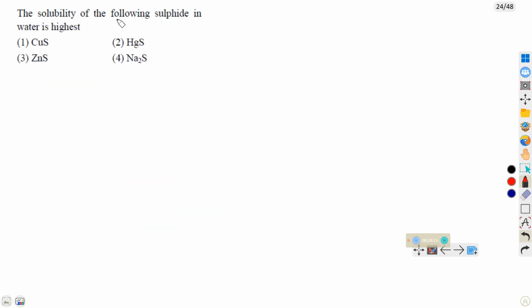The solubility of the following sulfide in water is highest: Na2S. Why?